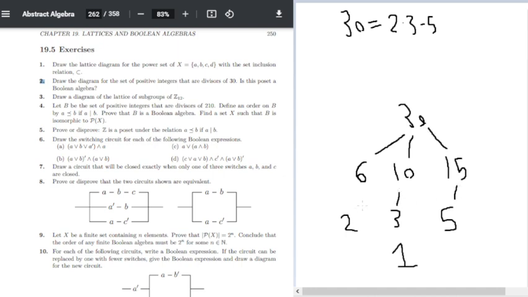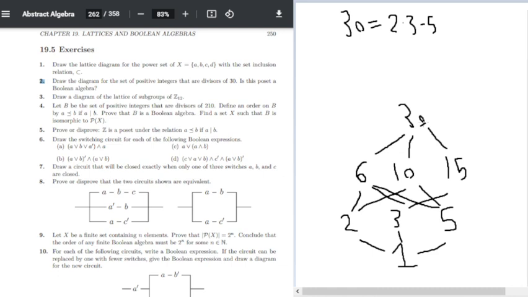Oh wait, let me be careful about how I draw lines here. So it's this, this, this, this, this, this, this, this, this. So we have 1, 2, 3, 4, 5, 6, 7, 8 elements, so we have the cardinality for a Boolean algebra.